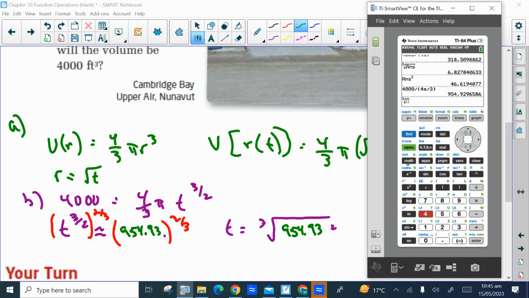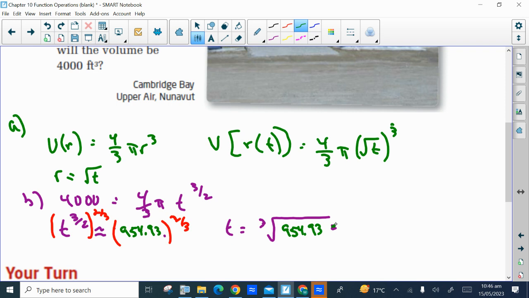So math 4 for the cube root of the previous answer squared. There we go. Approximately 96.97 minutes. Doesn't tell us what to round it to, so I just round it to the nearest hundredth of a minute.